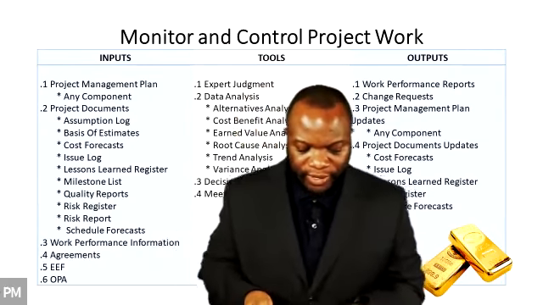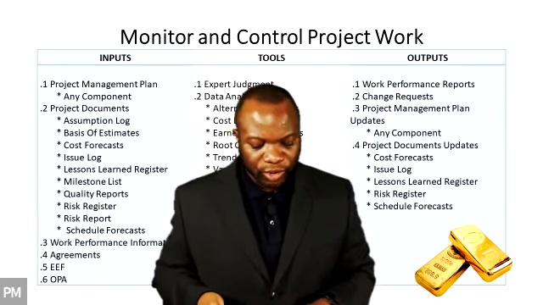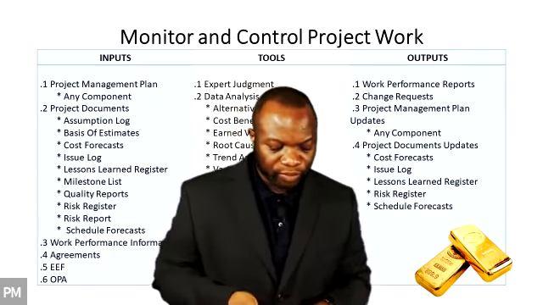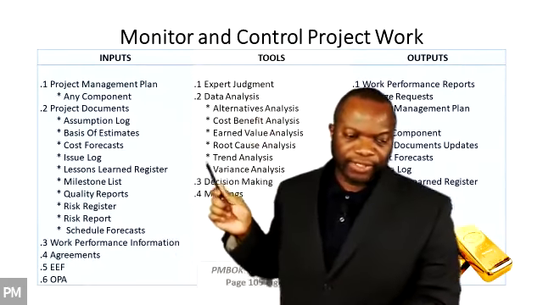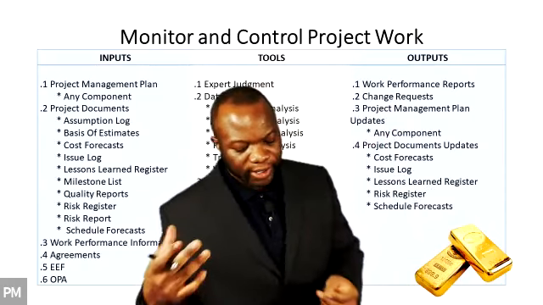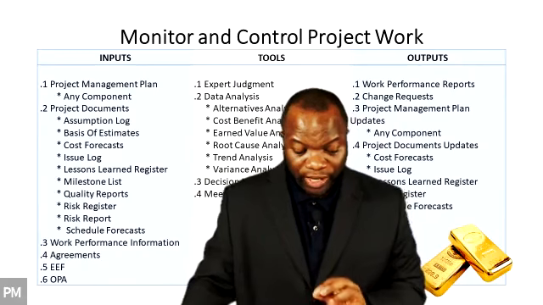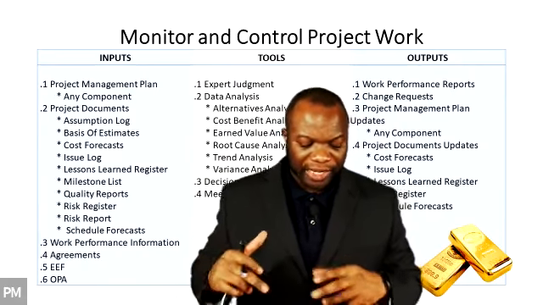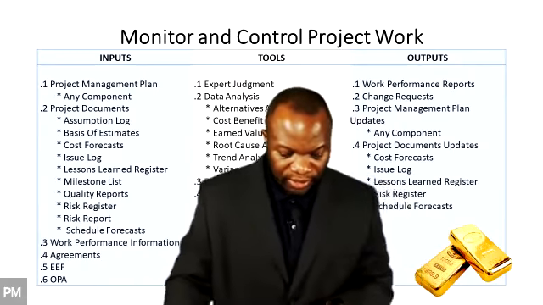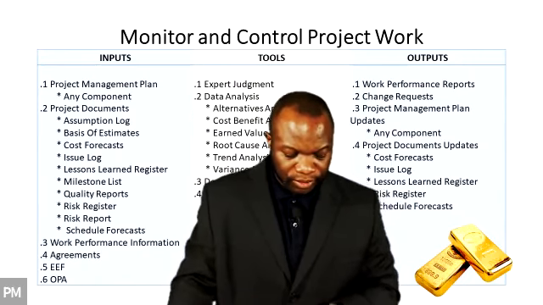All right, variance analysis. It says variance analysis reviews the differences or variances between planned and actual performance. So that's variance analysis. You're going to look at what you planned, what you got. Why did we get this when we planned this? You're going to really have to ask the question, what is the variance? And then you could use root cause analysis to analyze that. All right.